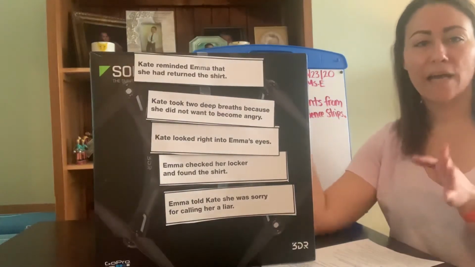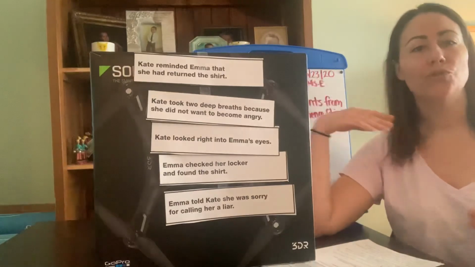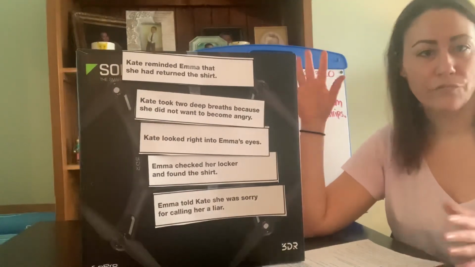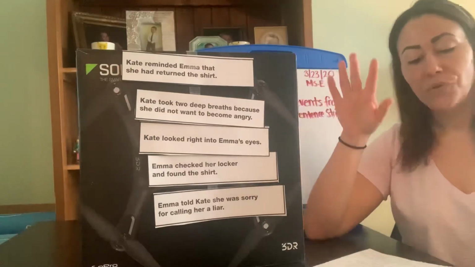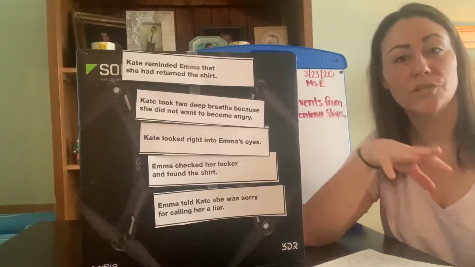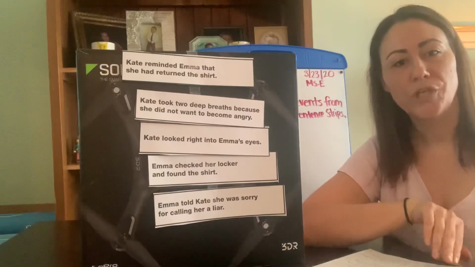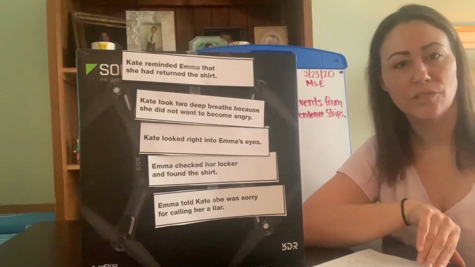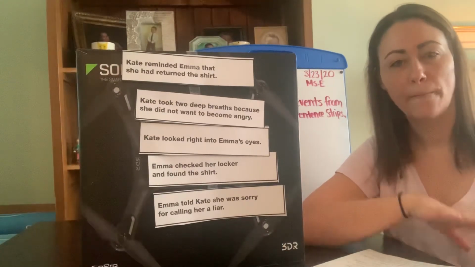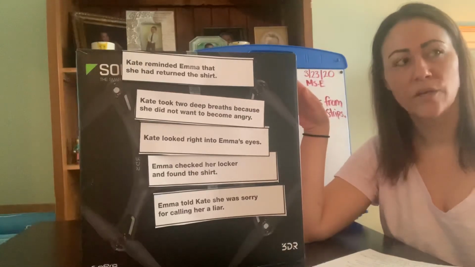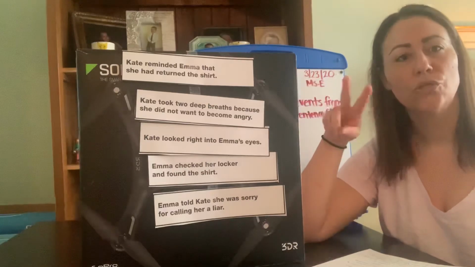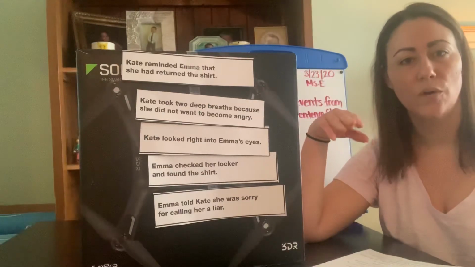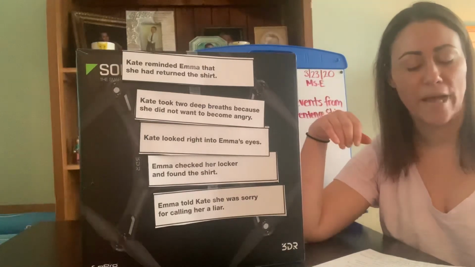Okay, so that's how we use our sentence strips to retell the main events from the story or from a chapter. So what you guys are going to be doing next is you're going to listen to chapter 6, the audiobook of chapter 6, which I've posted along with this lesson. So you'll listen to that first. I'd like you guys to listen at least 2 times to really make sure that you understand what's happening in the chapter.